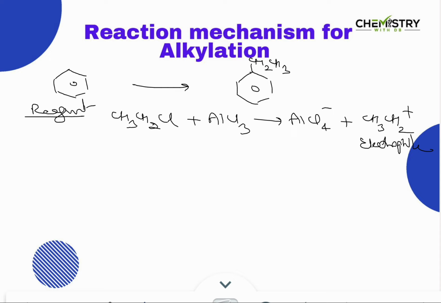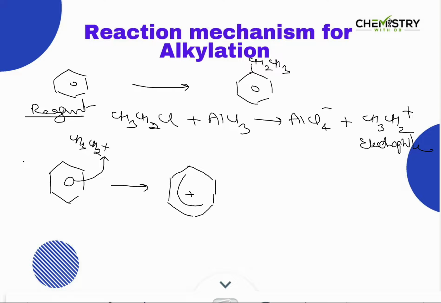In the second step, what will happen is that the electrophile will attack the benzene ring. So the electrophile attacks the benzene ring, and the benzene ring uses one of the electrons, so in the process becomes electron deficient and forms a bond with the ethyl group.